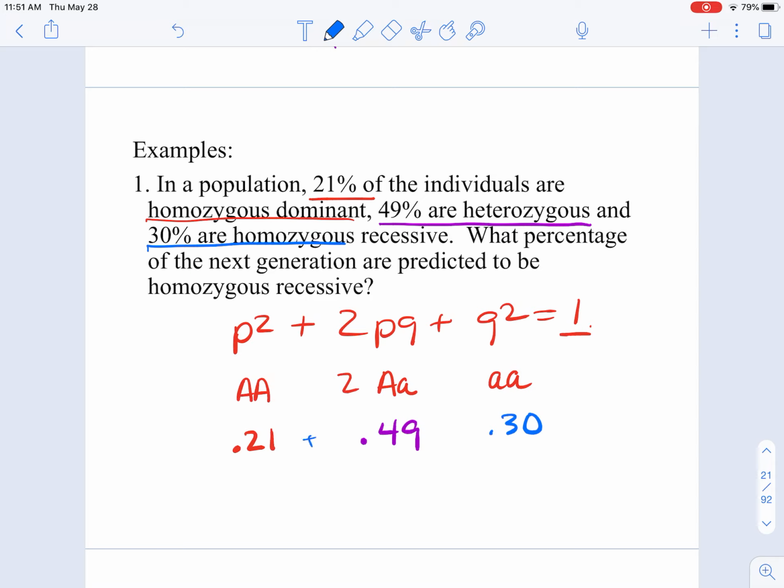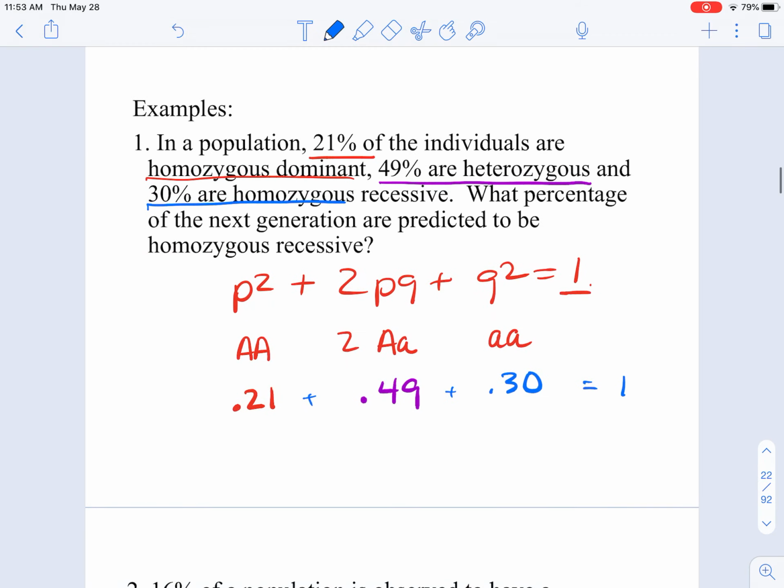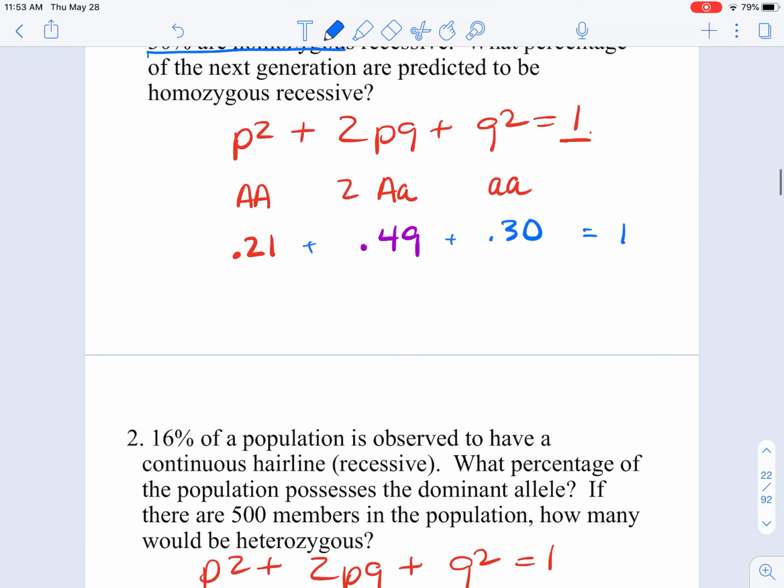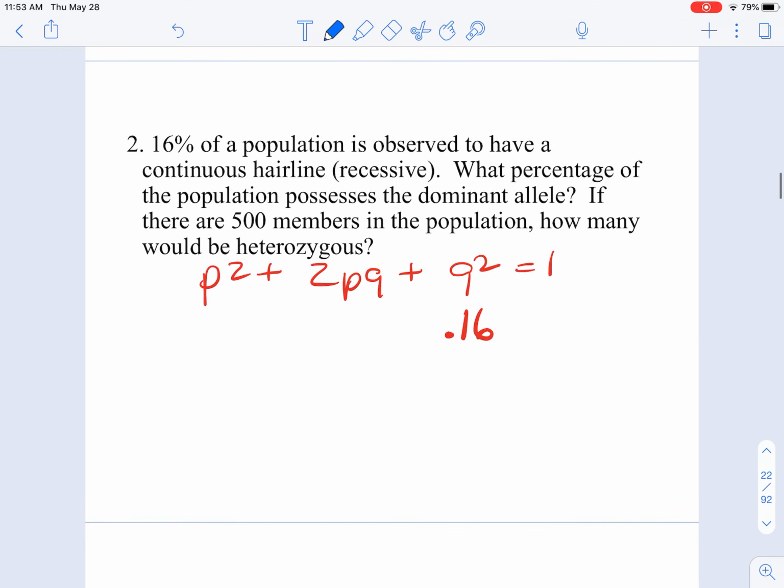And for this question, there's nothing to calculate. They just want you to see that adding up these three groups, in fact, is all of them, 100%, or in this case, they add up to 1 because they're numbers between 0 and 1. And that's how we will be using our information. When it says 65%, you'll state it as 0.65 as we put it in the right place in our formula. Okay, so that's just where to put everything.